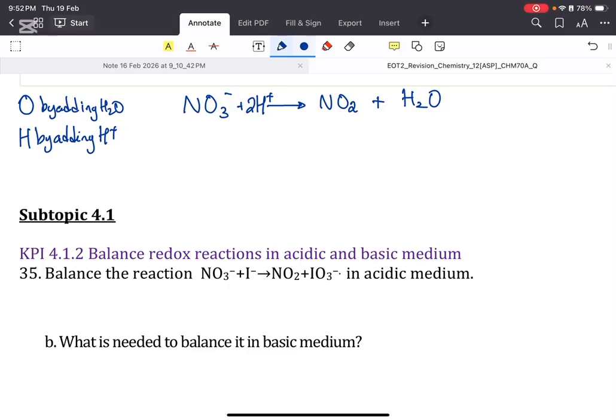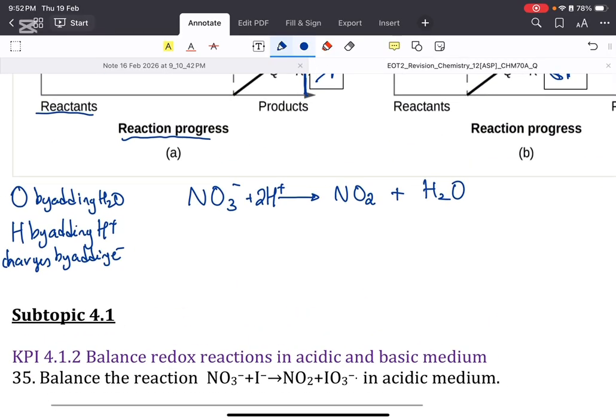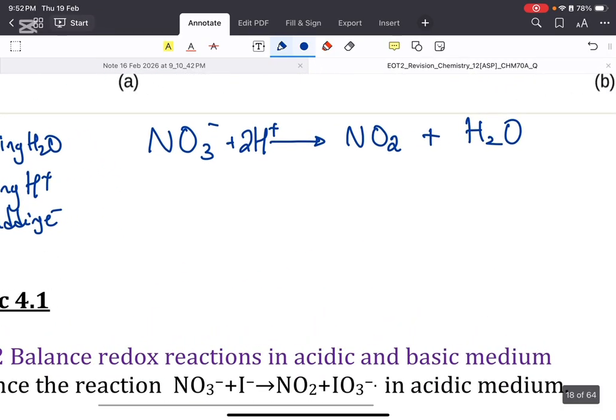After you balance the oxygen and the hydrogen, you move to balance the charges by adding electrons on the side that has higher charge. Now this side here is zero, neutral. There's no charge here and no charge here. So on the product side, the charge is zero.